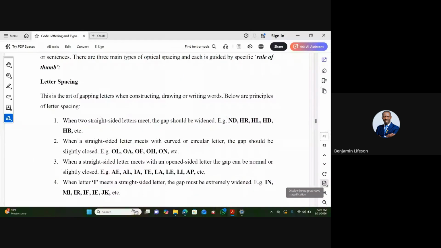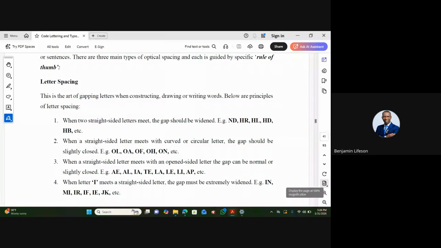So for instance, when 2 straight-sided letters meet, please always take note of the principles of letter spacing. There are many. When 2 straight-sided letters meet, for instance N is straight, D is straight, the gap should be widened.